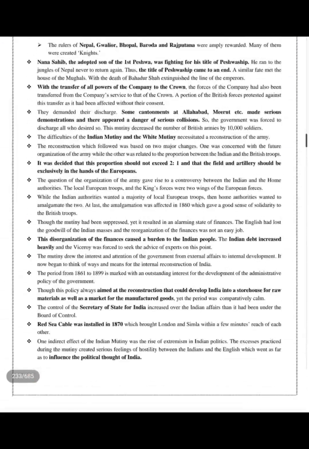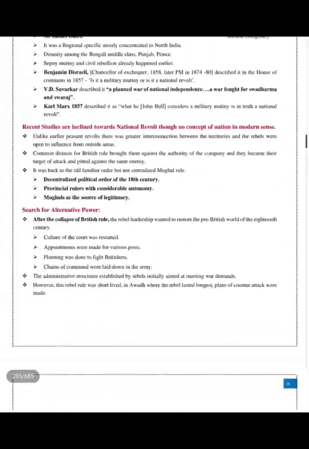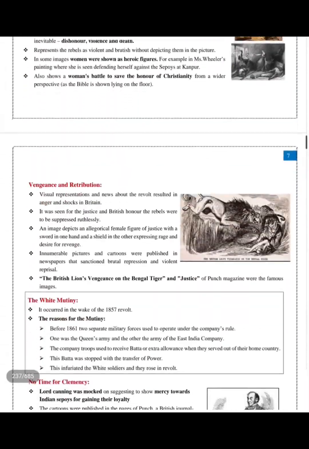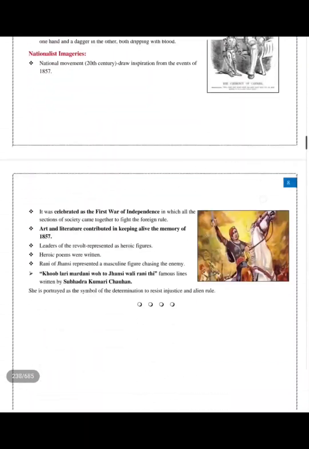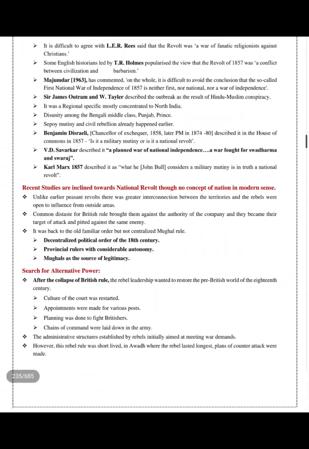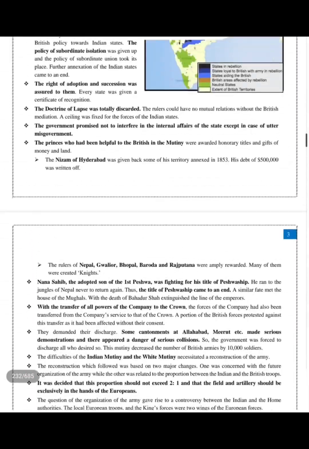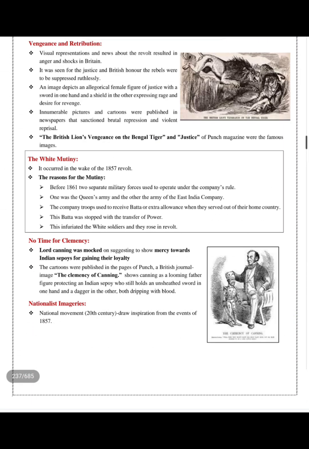It represents the rebels as violent and brutish without depicting them in the picture. In some images women were shown as heroic figures, for example in Miss Wheeler's painting, where she is seen defending herself against the sepoys at Kanpur. It also shows a woman's battle to save the honor of Christianity from a wider perspective, as the Bible is shown lying on the floor.